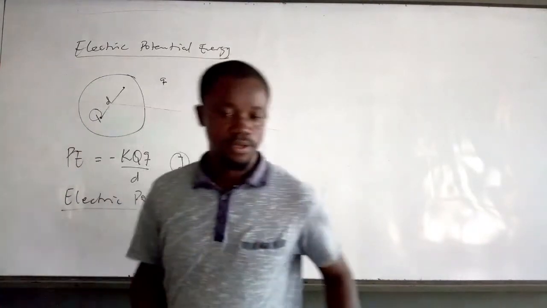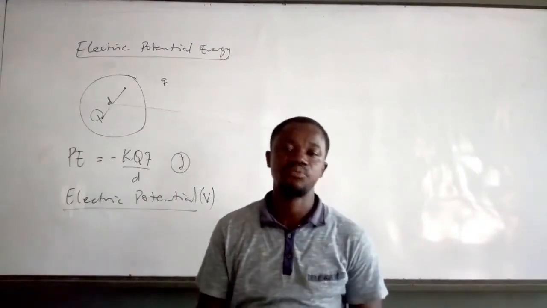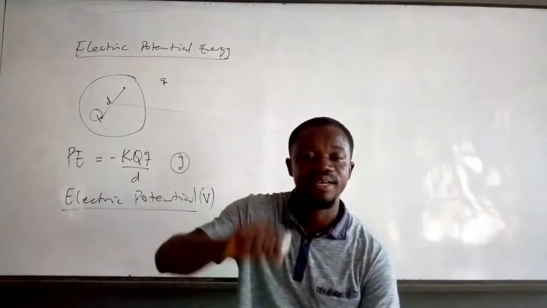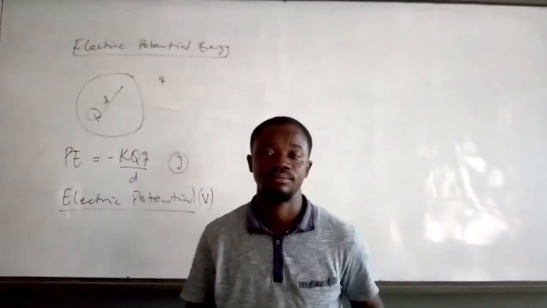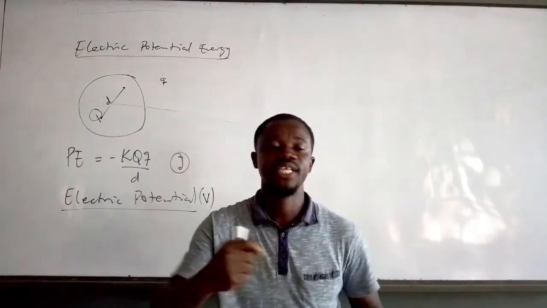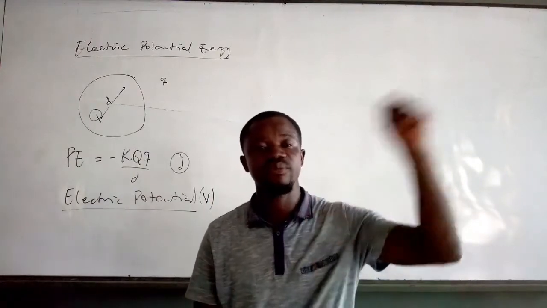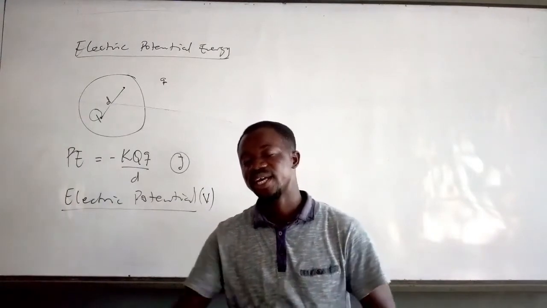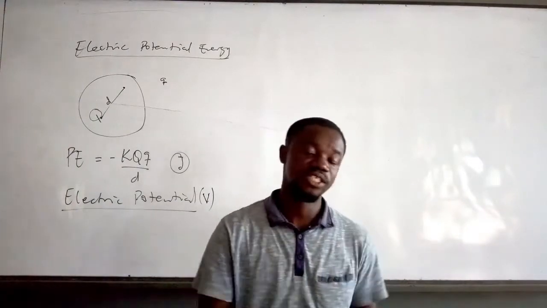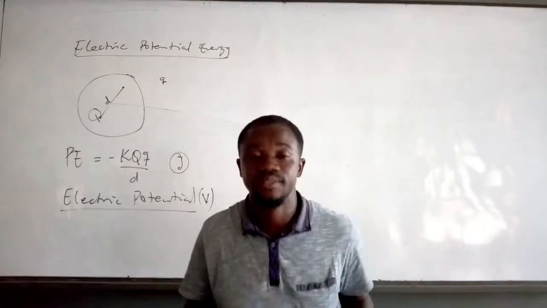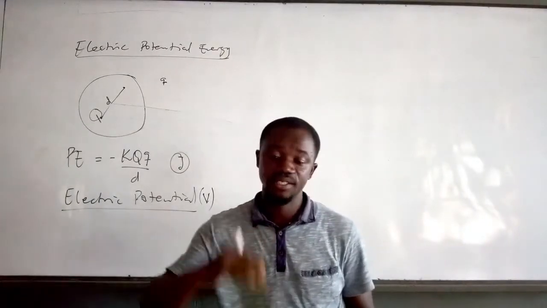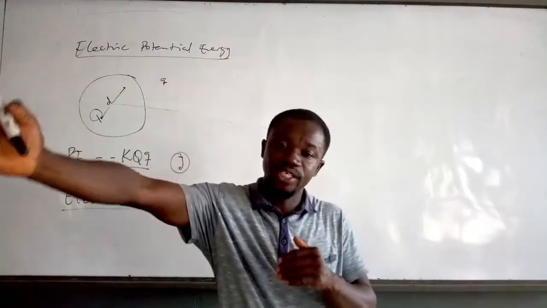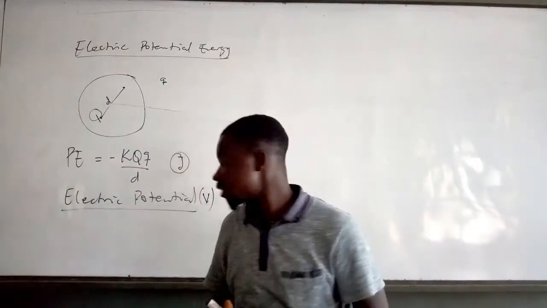Good. So when we say electric potential, it is defined as the work done per unit charge in moving that charge from infinity to a point in an electric field. The difference between the electric potential energy and the electric potential is that the electric potential energy is just the work done, but the electric potential is the work done per unit charge in bringing that charge from infinity to a point in an electric field, all right?